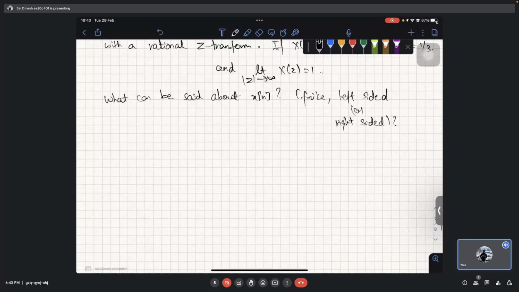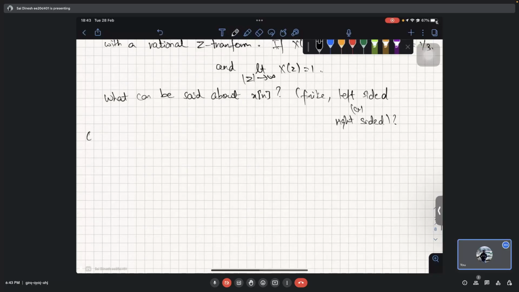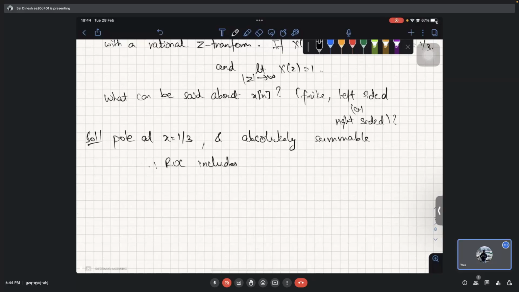So with these two points, we can say that when there is a pole at z equal to 1 by 3 and it is absolutely summable, therefore the ROC includes the unit circle.